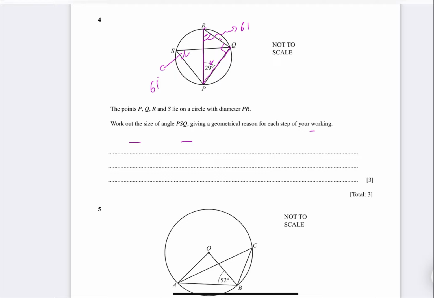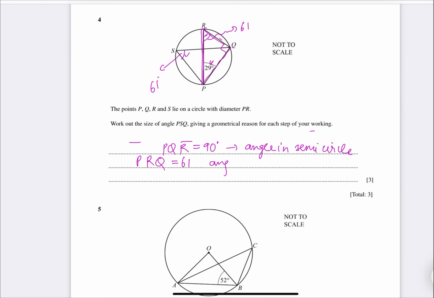You can write the reason that PQR equals 90. What is the reason? Angle in a semicircle. Yes or no? Very good. Now PRQ equals 61. Why?